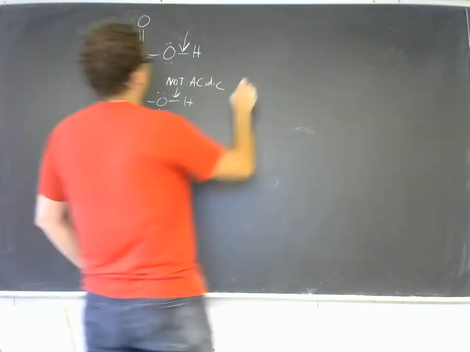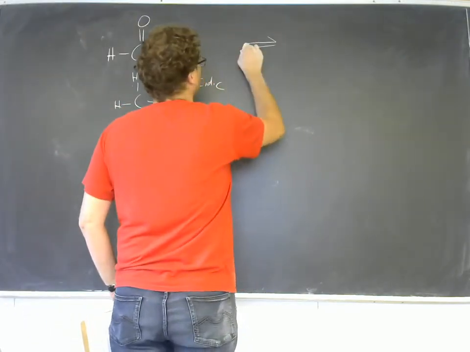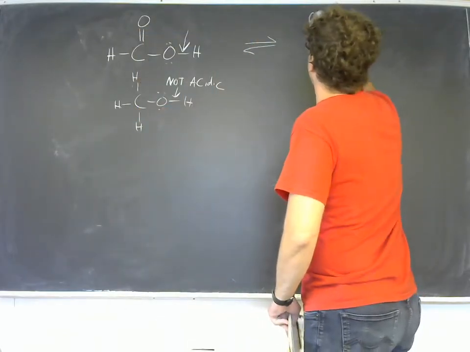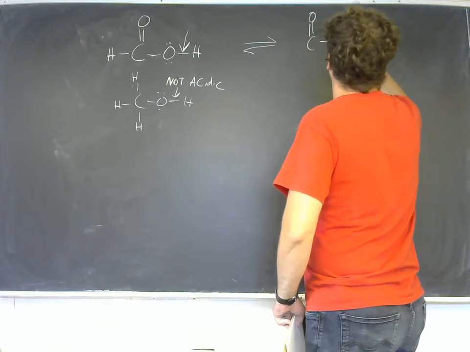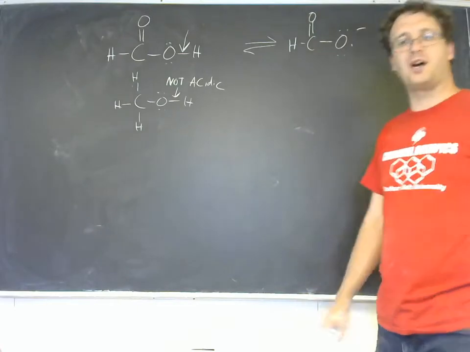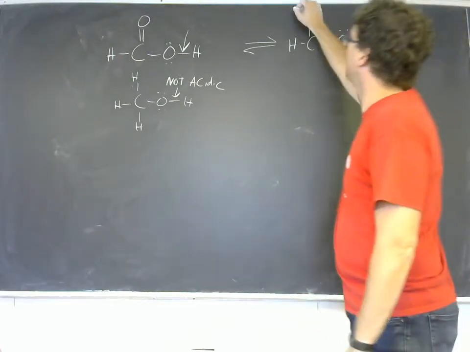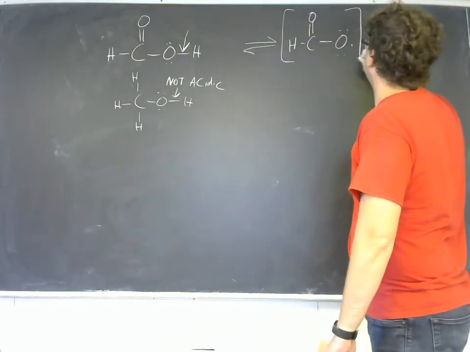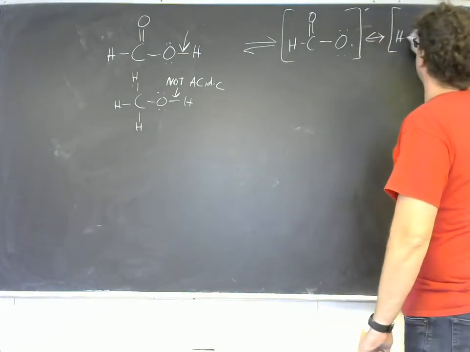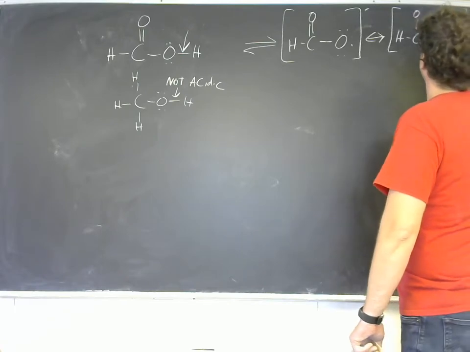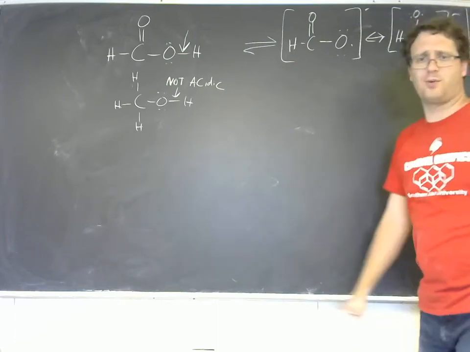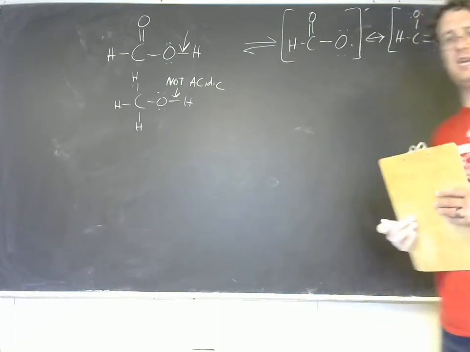So let's look at what the conjugate base is of formic acid. We have HCOO minus, the formate ion. And this ion is actually one which exhibits resonance. You're going to have to think back to 1220 for what resonance means and how to recognize it.